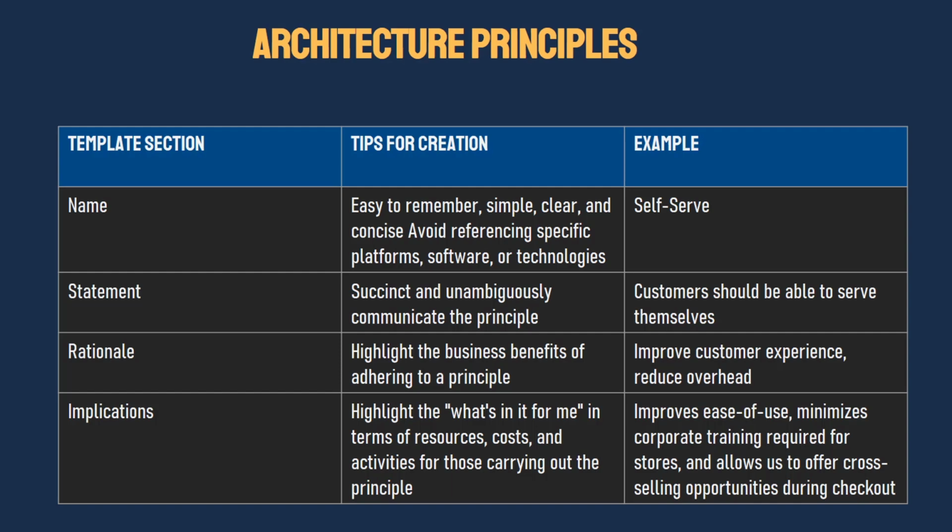For example, if you carry out the principle of self-serve, it will improve the ease of use. It will minimize corporate training required for our stores and it allows us to offer cross-selling opportunities during checkout. When it is stated like this, self-serve becomes very easy to understand and the value is very clear. This is what makes a good architecture principle.